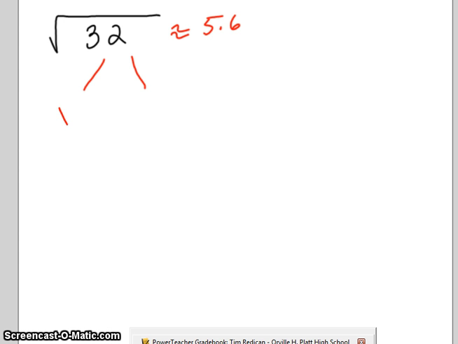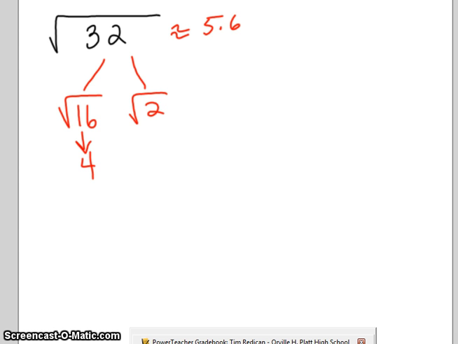So 32 can be split up into factors of 16 and 2, where in this case it's the square root of 16 and the square root of 2. Okay? Because 16 times 2 is 32. All right. Now what happens here is the square root of 16 is a perfect square, so we know that that's just 4.